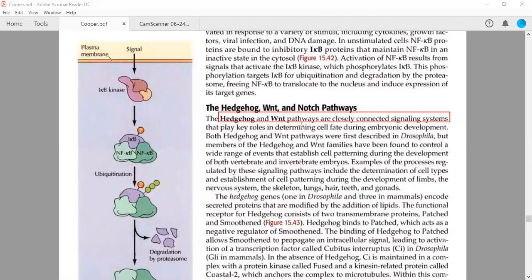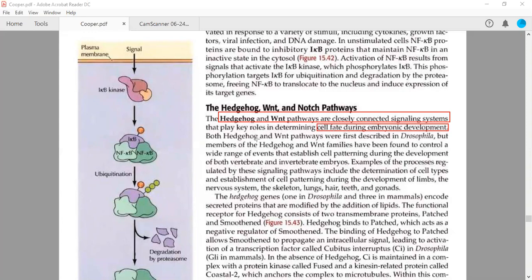They play a key role in determining the cell fate during early embryonic development.